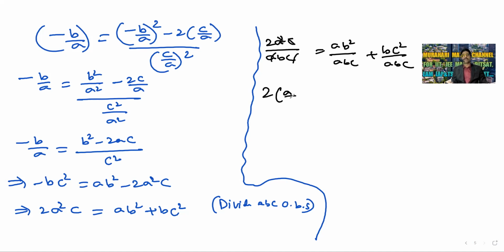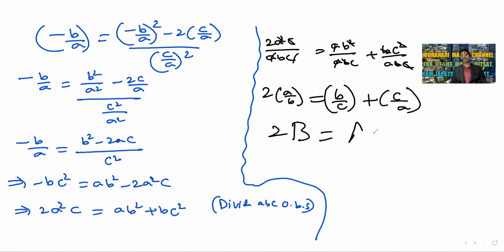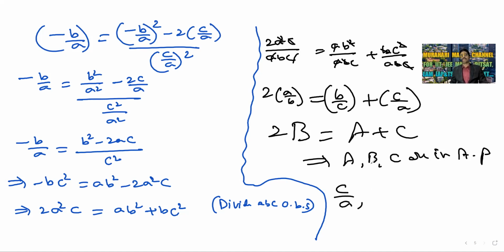So 2 into a by b is equal to, in this one a as well as b get cancelled, b by c, and in this one c and b get cancelled, c by a. Okay, this is in the form of 2b equal to a plus c. Therefore, a, b, c are in AP, where the relations are: C by A, B by C, write A by B, B by C.